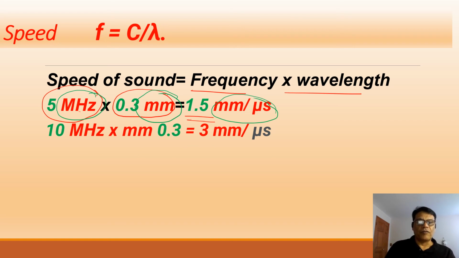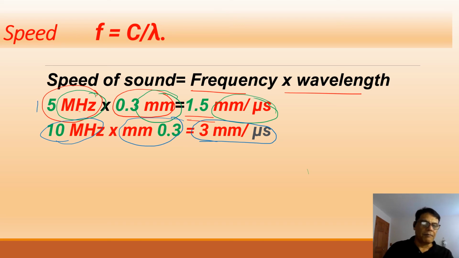Now the frequency is increased. So now the frequency is 10 megahertz and the wavelength is the same, 3 millimeter. Now the speed of sound will be 3 millimeter per microsecond.